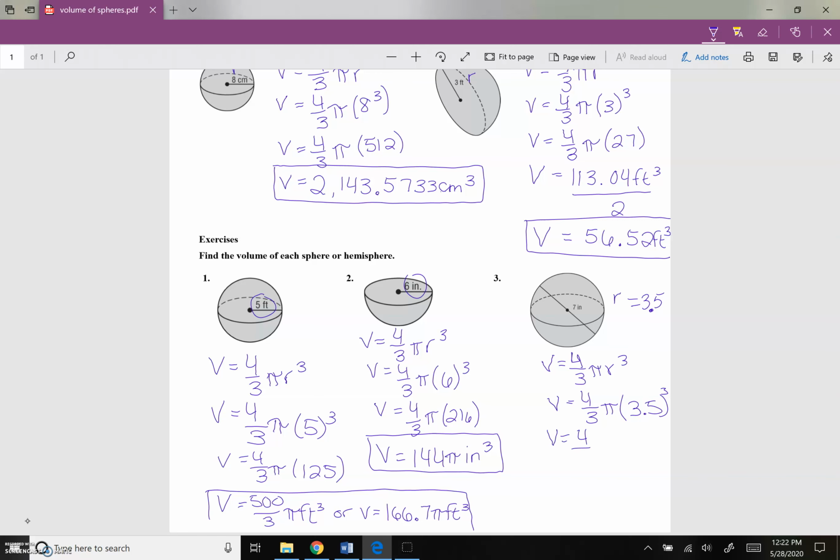And I'm getting 42.875. And now we're going to clean this up by multiplying the 4/3 times 42.875. And I'm coming up with 57.2. So our volume is going to be 57.2 pi. And remember, we still have the pi in our answer, and our unit is inches cubed. I think you're ready to try a few on your own.